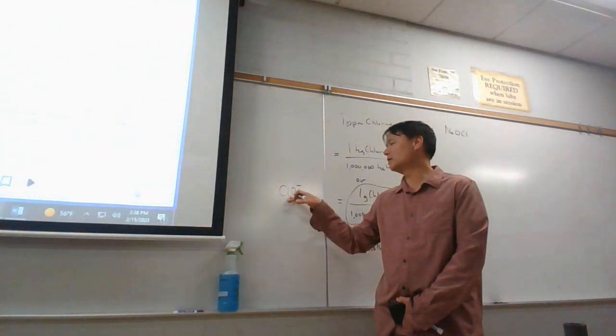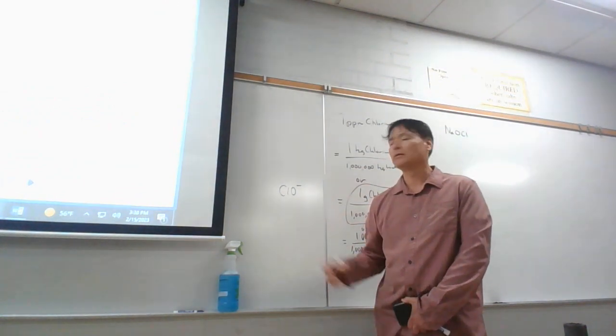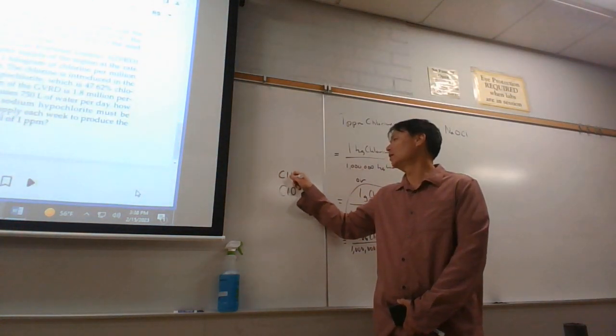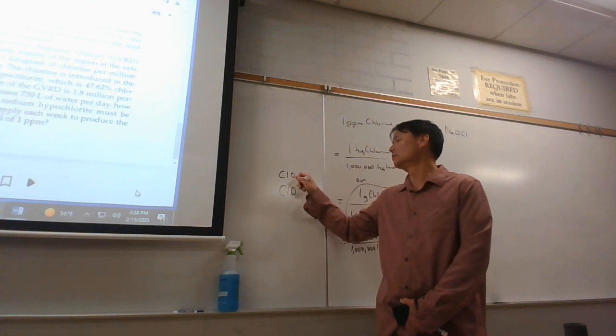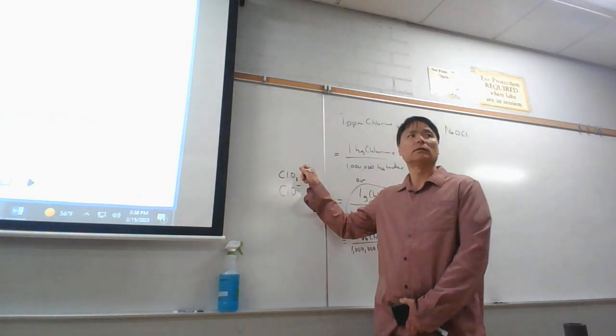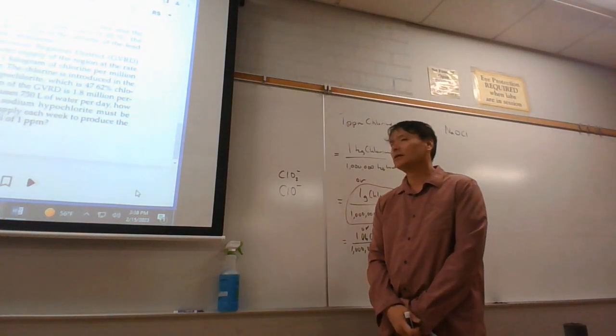Do you know the series? If hypochlorite is ClO -1, what is chlorite? ClO2 -1. That's correct. That's chlorite.